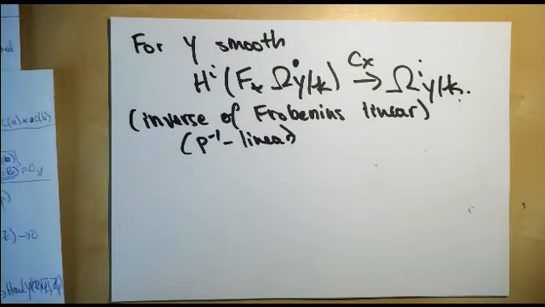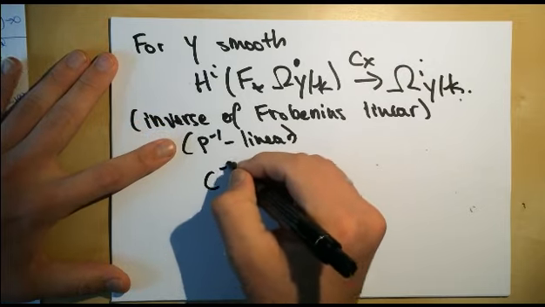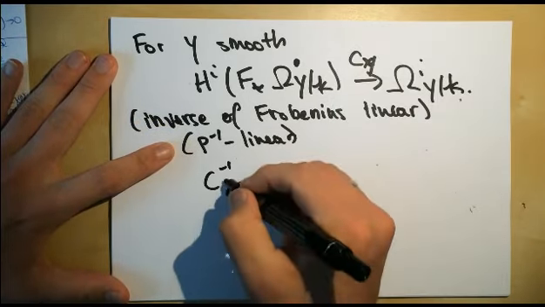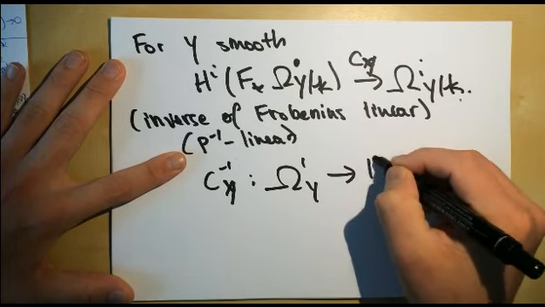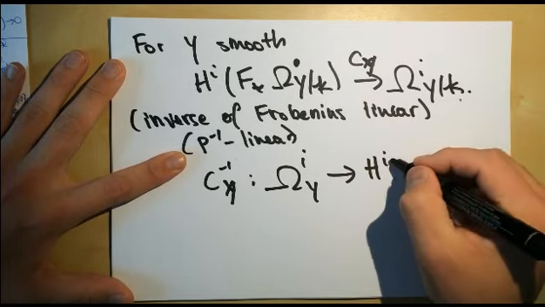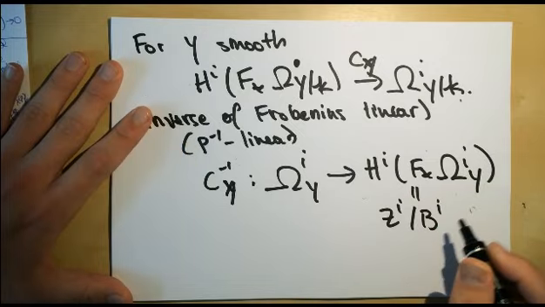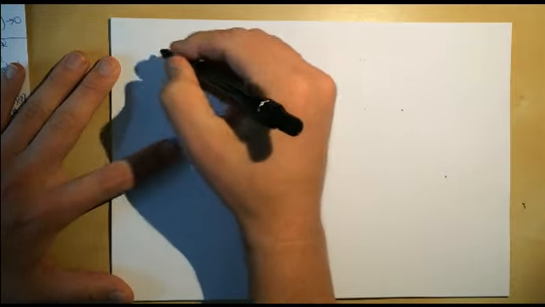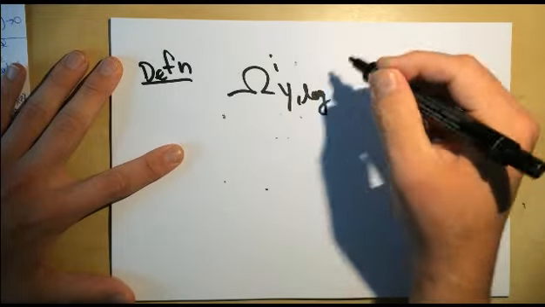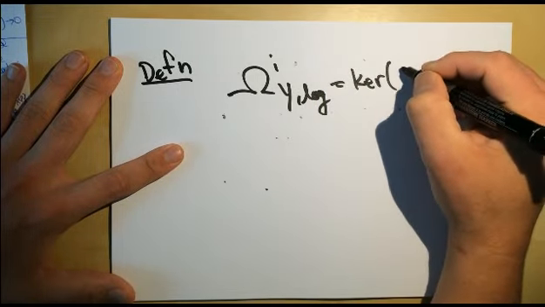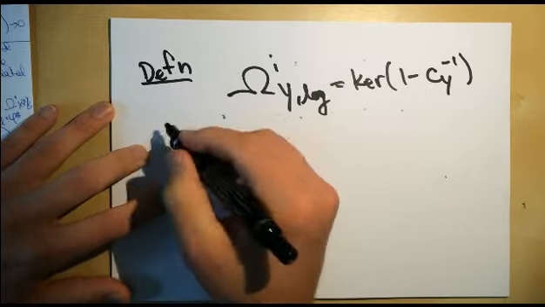I need to define now, for each one, we have this C inverse of Y from omega^i of Y to H^i, so we can do this for i's, F star omega^i of Y. So this is Z_i over B_i, and using this we can define, so definition, the logarithmic derivatives as the kernel of 1 minus C_Y inverse here, and this gives us a sequence here.